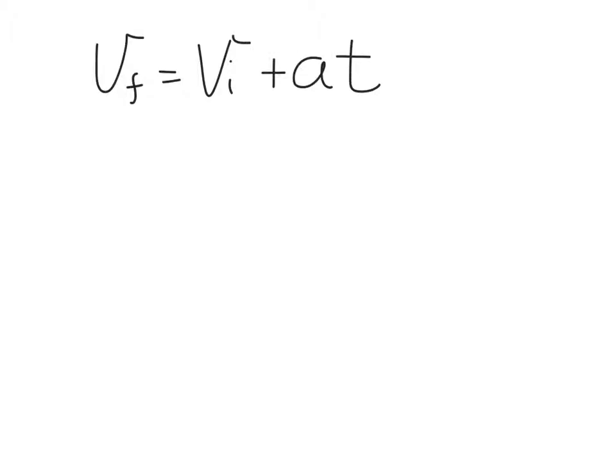So, the numbers don't matter, so I'm not even going to bother numbering them. The order that I give you these doesn't matter, but here they are. Your first kinematic equation, v final equals v initial plus at, where v final is the final velocity or speed, depending on the problem, so it doesn't matter if it's velocity or speed.